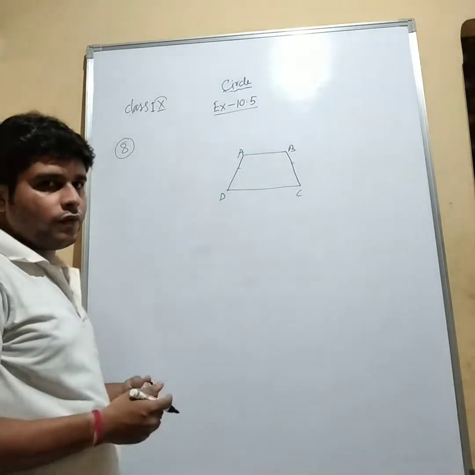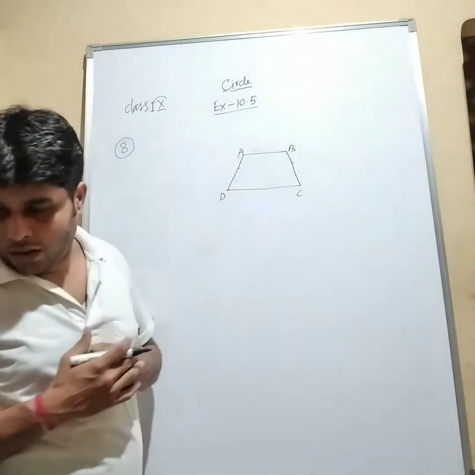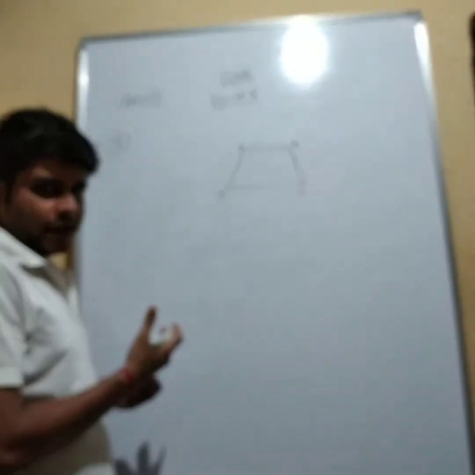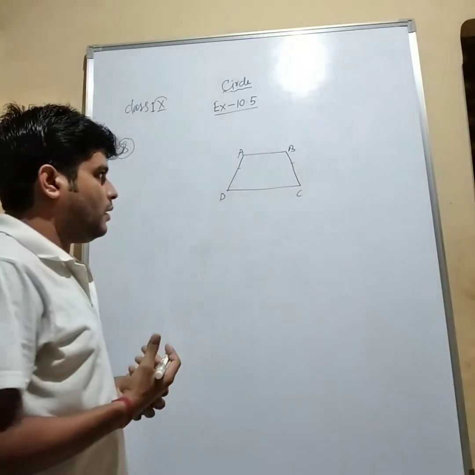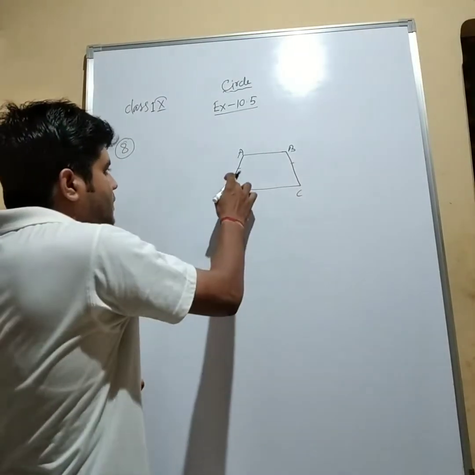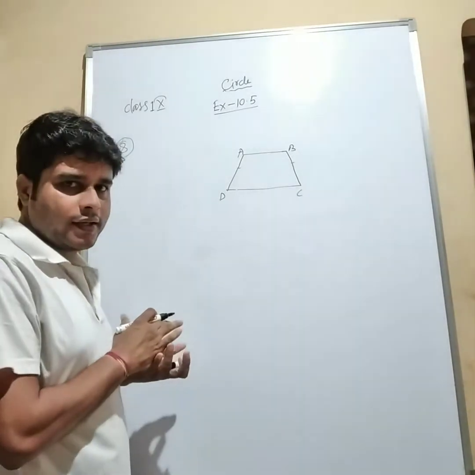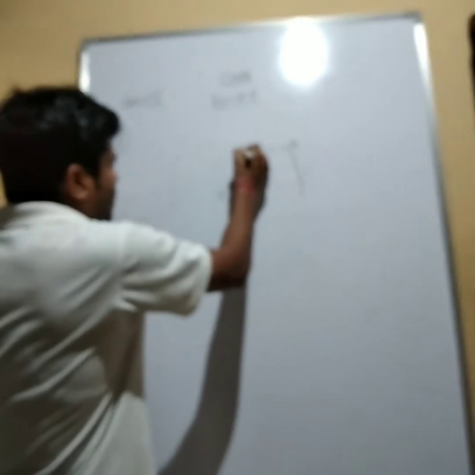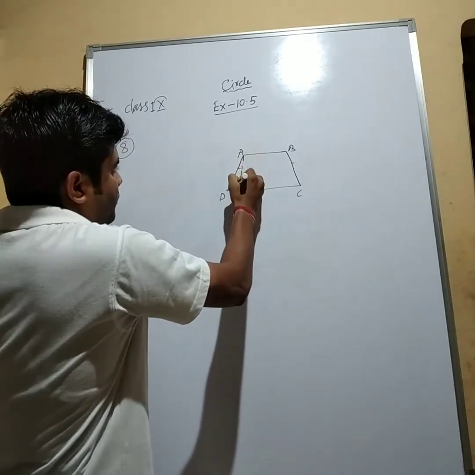What we have to prove is that ABCD is a cyclic trapezium. If it is cyclic, then these four vertices must lie on a circle. So first you see whether this angle and this angle sum to 180 or not. If 180, then it is cyclic.